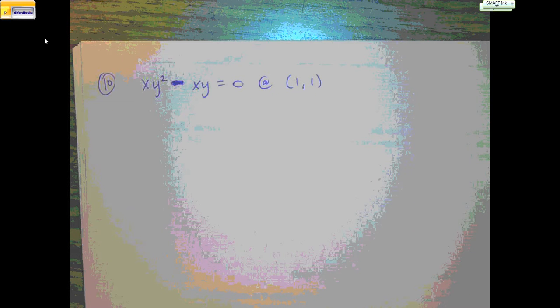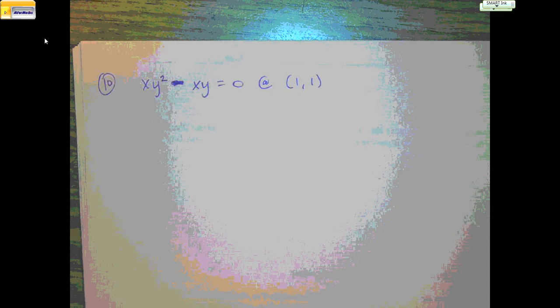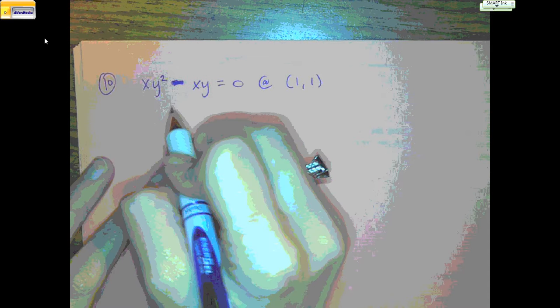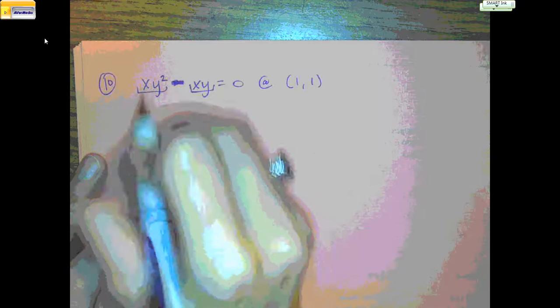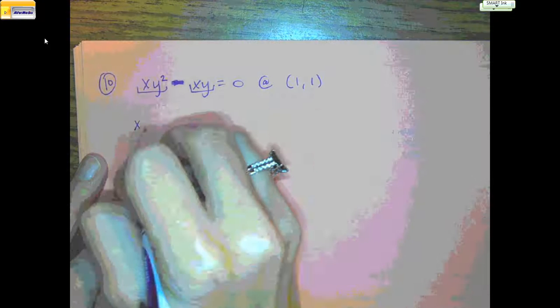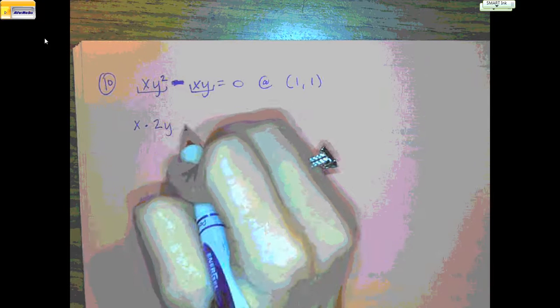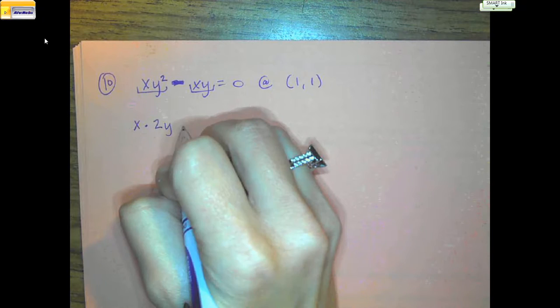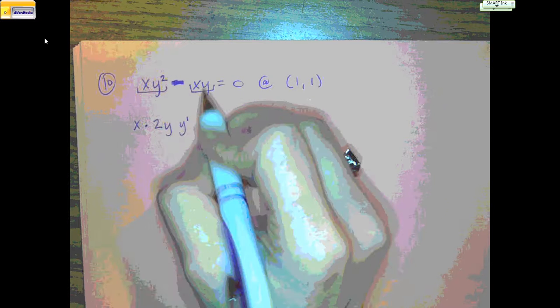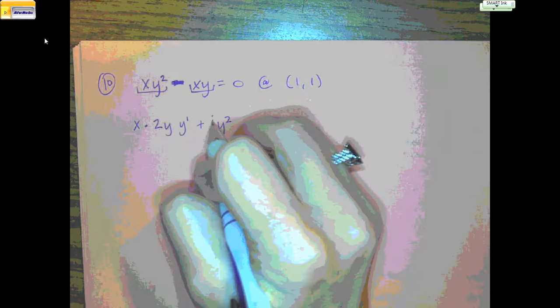So if we're finding slope, we think of derivative, fancy for slope, so we find the derivative of these, and yes, we've got product rule minus another product rule. So for the first guy, we have first times the derivative of the second, which is going to be 2y prime, plus second times the derivative of the first. Derivative of x is just 1.